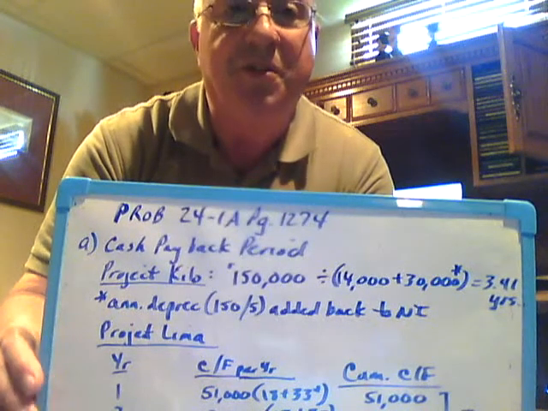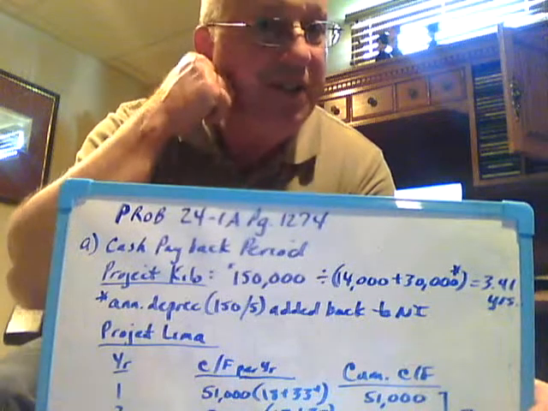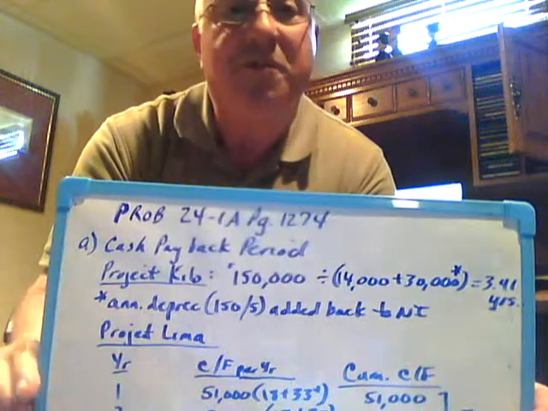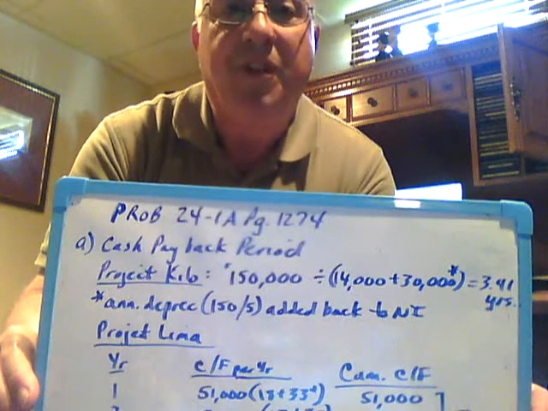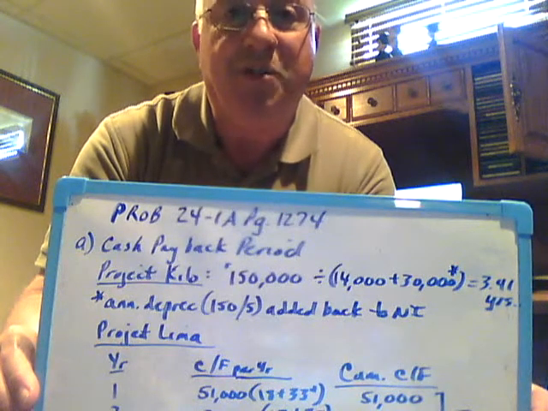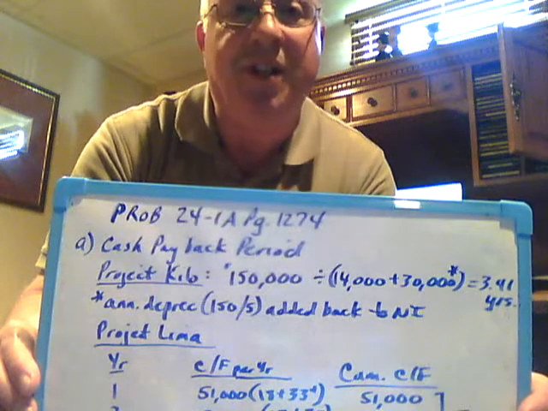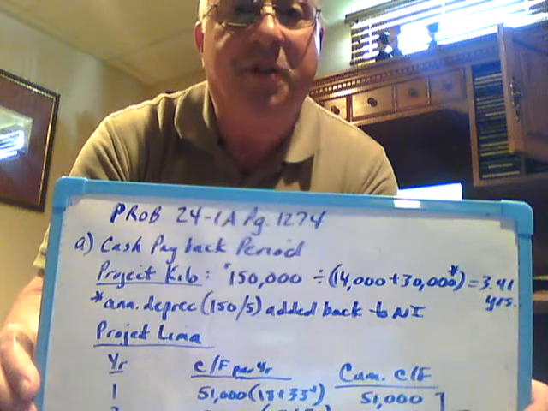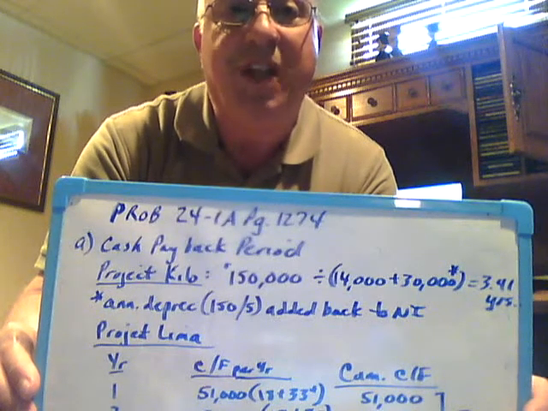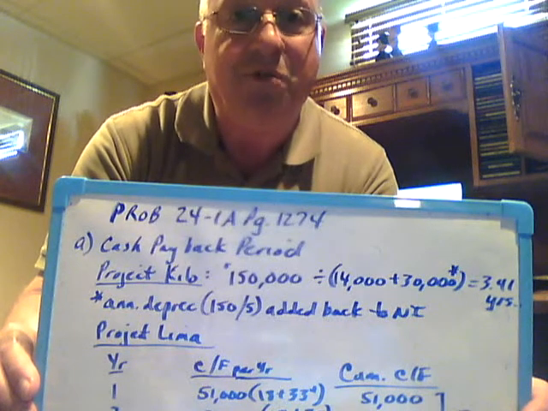That makes things a little bit easier, because we can simply take the cost of the project divided by the annual anticipated net cash flow. But in order to get that net cash flow in this situation, since we were given a net income of $14,000, we have to add back the anticipated depreciation, because that's a non-cash expense.